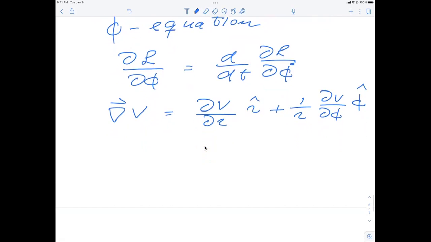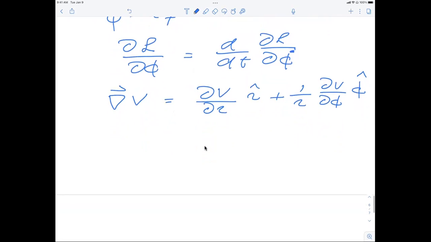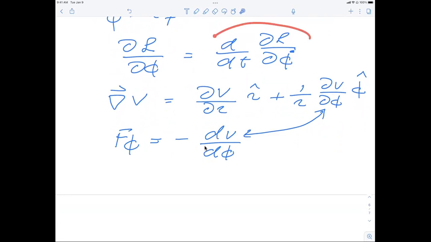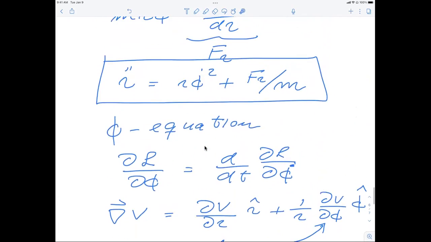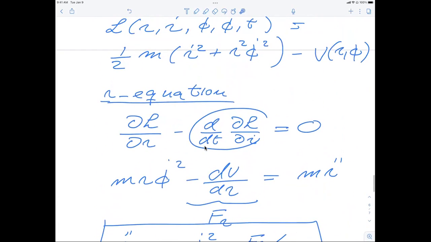Now what we can define is a quantity which we are going to call F of phi, and that's going to be minus dV d phi. And actually this is something which we're going to link with that quantity. So when I now plug in the Euler-Lagrange equations and look at my Lagrangian, I know that this is going to give me a term which is proportional to the phi derivative.